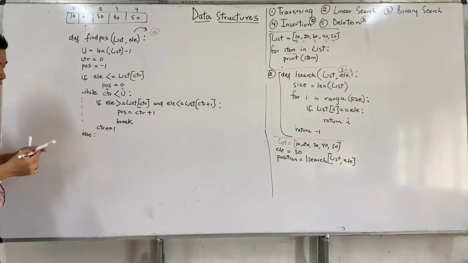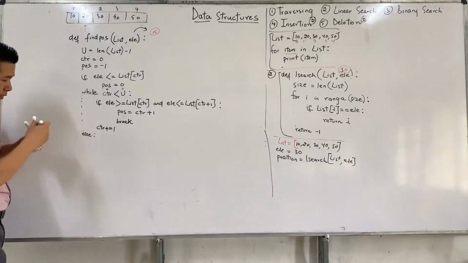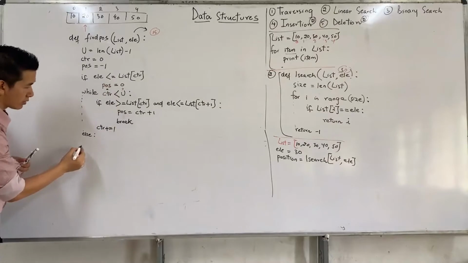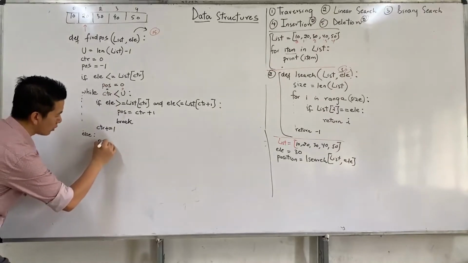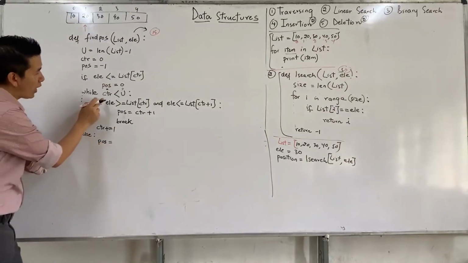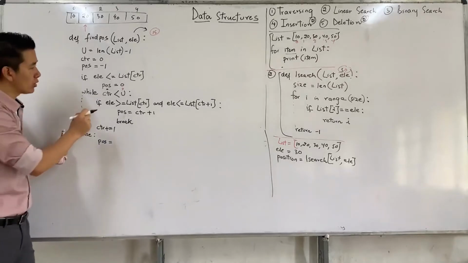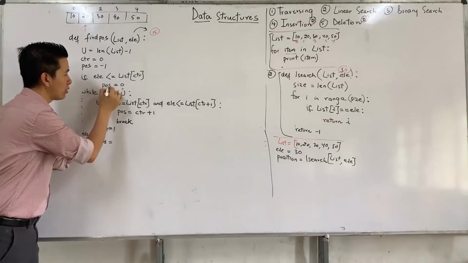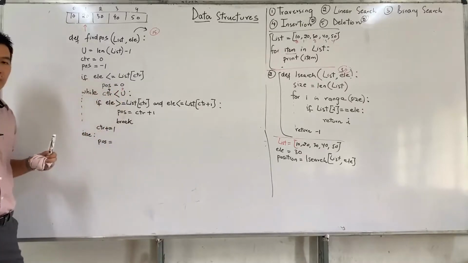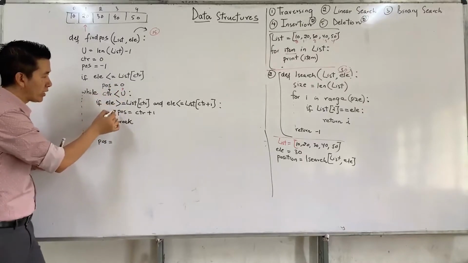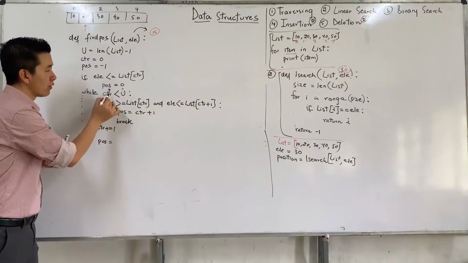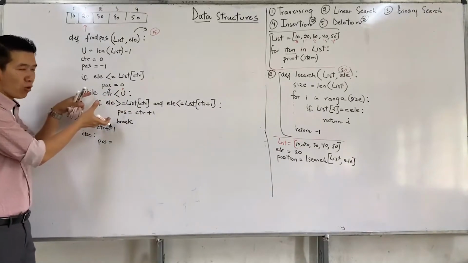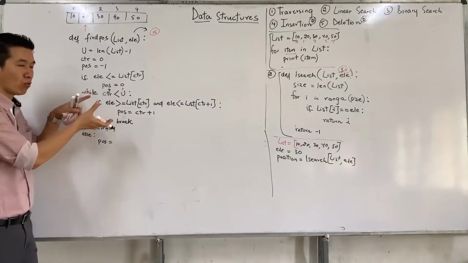So in this case, if the while loop completes all the cycles, then the value of position will be the final value of CTR plus 1. May I know the final value of CTR? The final value of CTR will be 4. When the CTR value becomes 4, 4 is less than 4, the condition becomes false, and this is how you leave the while loop.